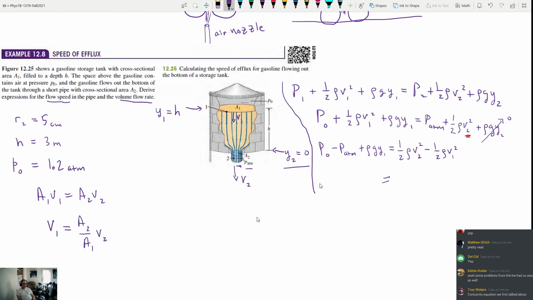We're running out of time, so I'm going to do this relatively quickly. You'd have P naught minus P atmosphere plus rho G. Y1 was H, so we'll just put H in here. And then for the other pieces, we've got 1/2 rho, and then V2 squared minus V1 squared, and V1 squared is going to be A2 squared over A1 squared times V2 squared.